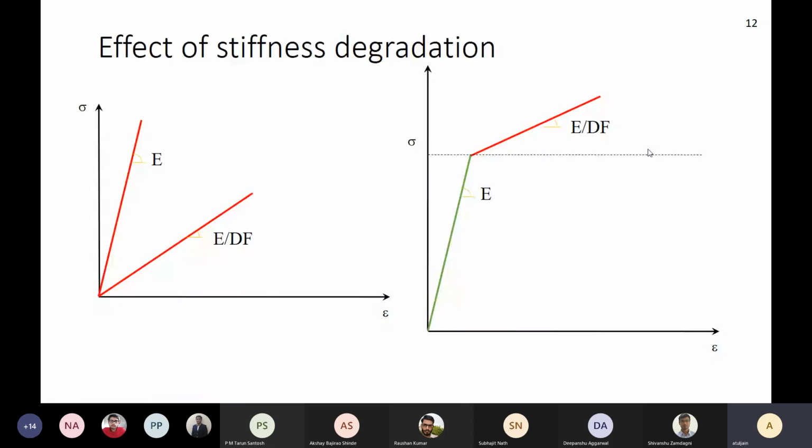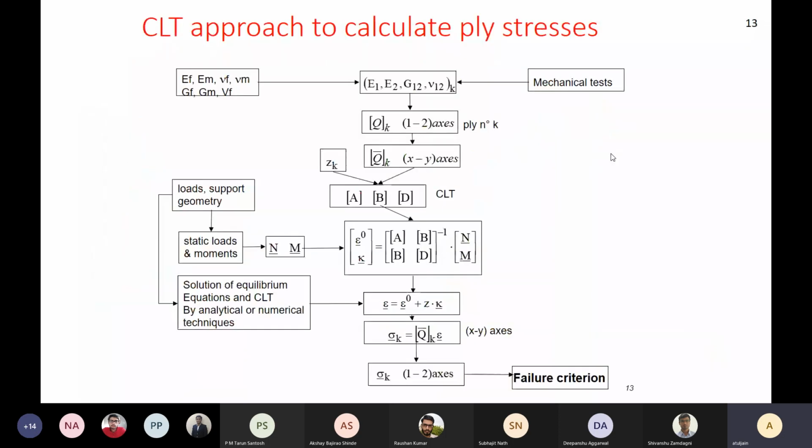So basically we are saying that I will model a non-linear stress-strain curve as piecewise linear, with each piece sufficiently small. As soon as there is damage, the stiffness is decreasing, so the slope is also decreasing. This is how we can do progressive damage modeling in composite materials.